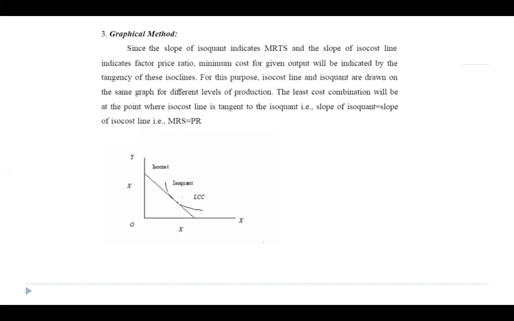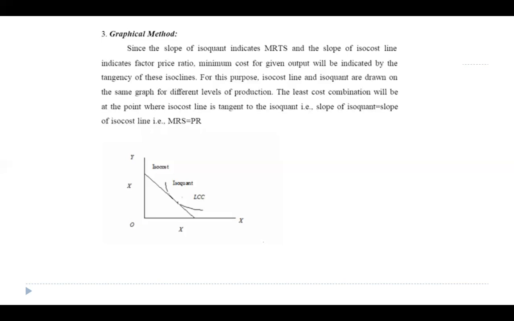In the diagram I show, this is the line which shows the isocost line, and this curve represents the isoquant. At the point at which the isocost line and isoquant are tangent to each other, you get the isocline. So that combination point is called the isocline.